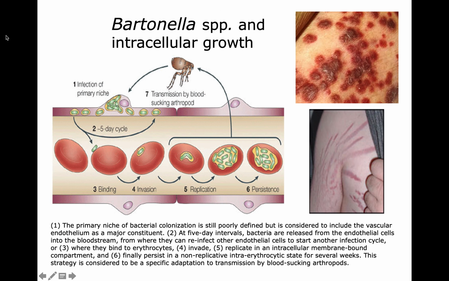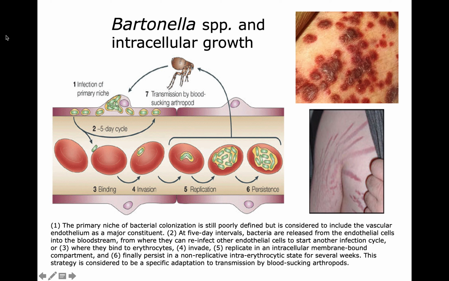Again, here's one of the first slides on the species Bartonella henselae. The interesting thing about this bacterial cell is that it is carried by a flea or a tick, and it is also the cause of cat scratch disease. That flea or tick will bite the human or the host, and the bacteria living within the flea will infect one type of cell first.